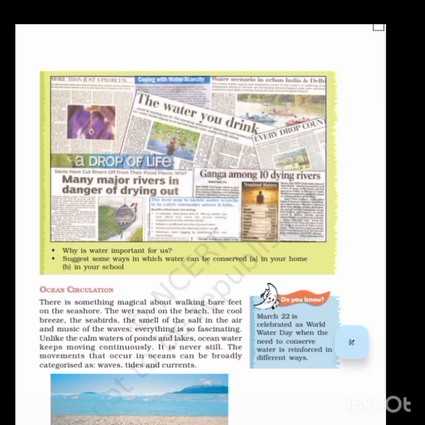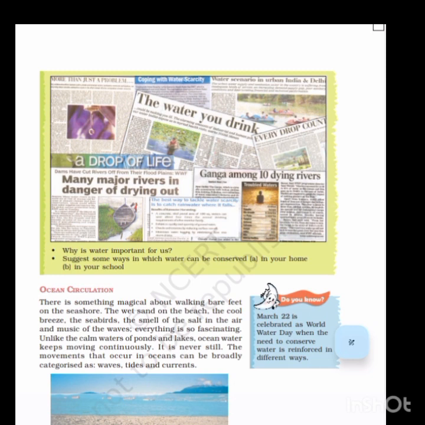The cool breeze, sea birds, the smell of salt in the air and the music of the waves. Everything is so fascinating that, unlike the calm water of ponds and lakes, it cools down our mind. The person gets relaxed over there.